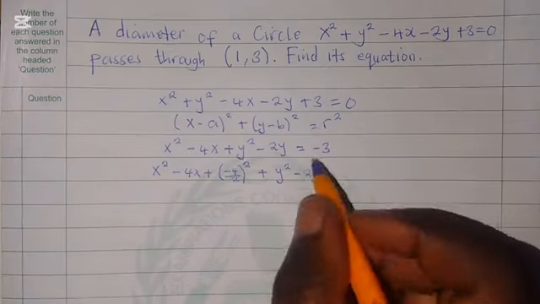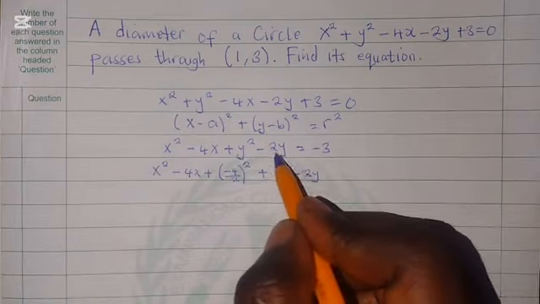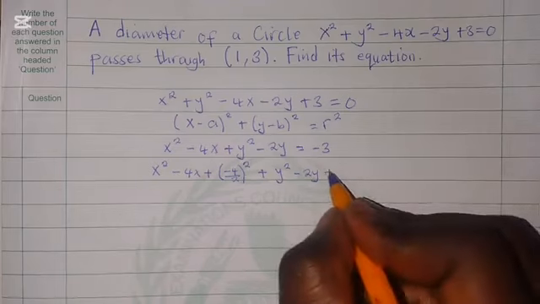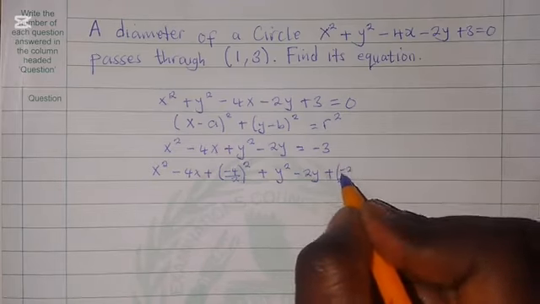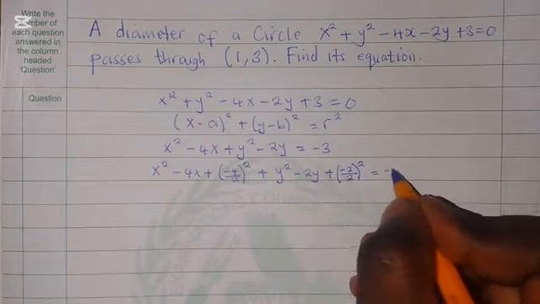Even here we'll do the same: we get the coefficient of y, which is minus 2, so plus (minus 2 over 2) squared, is equal to negative 3.